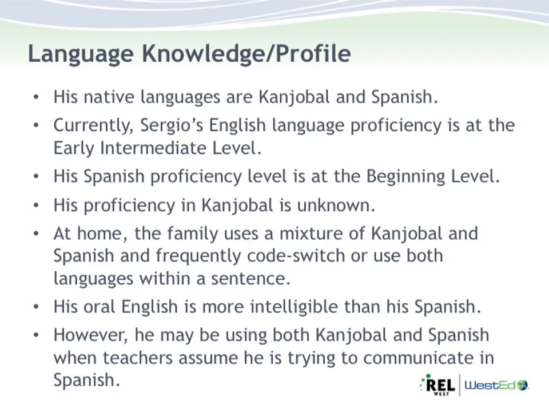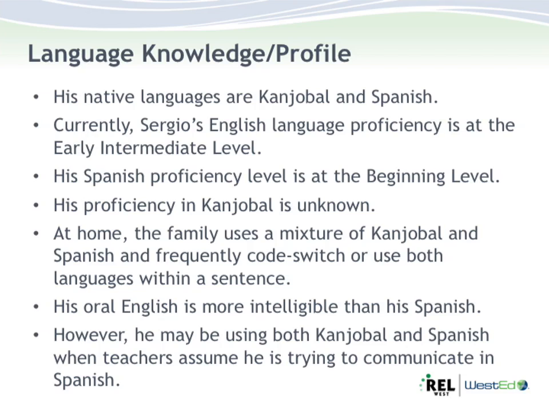At home, and this was observed during a home visit, the family uses a mixture of Conjobal and Spanish, and they frequently code switch or code mix and use both languages in their communication. Sergio, in particular, though, his English is more intelligible than his Spanish.